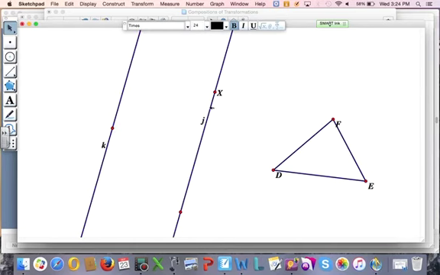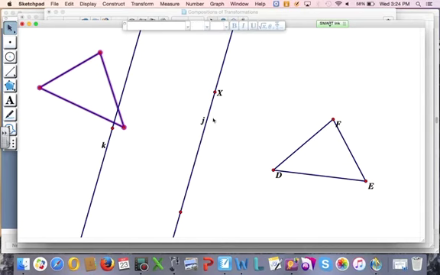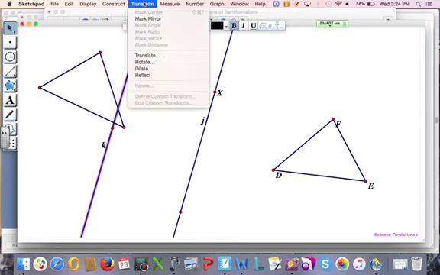When I reflect this triangle over line J, it lands here. And I'm going to take that triangle and reflect it over this line.